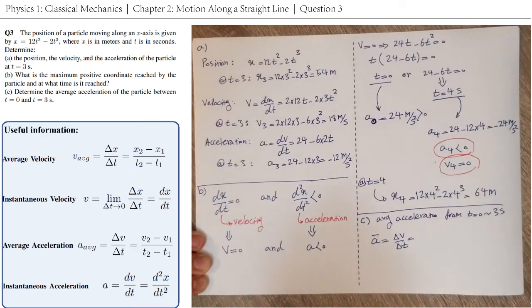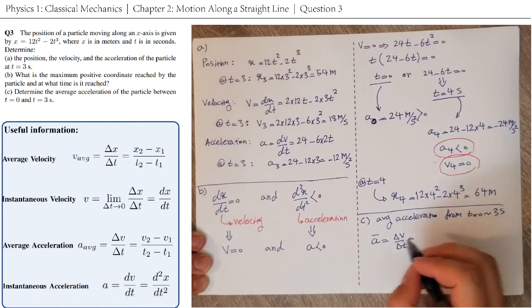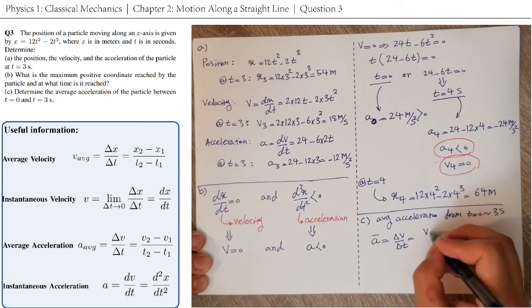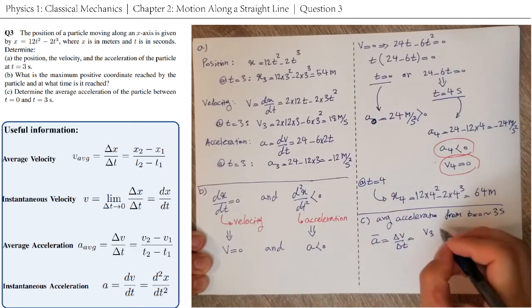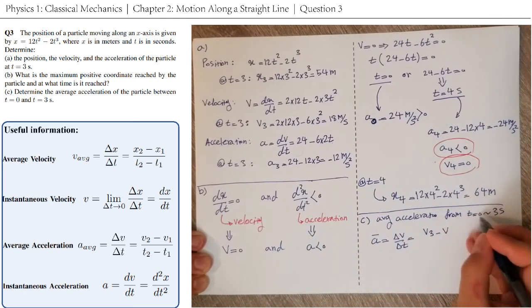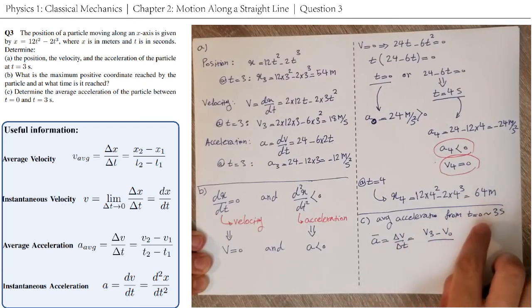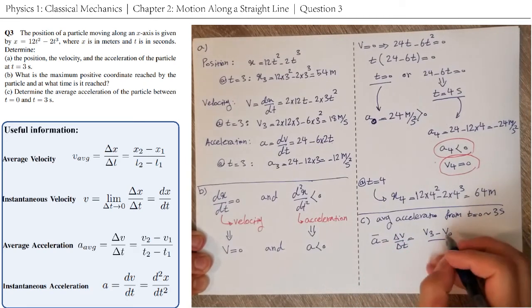So in our case, it would turn into velocity at t equals 3, minus velocity at t equals 0, divided by the time duration, which is 3 minus 0.